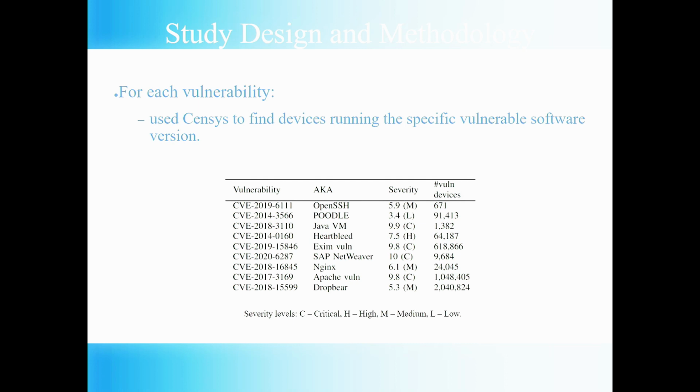Now, for each vulnerability, we used Censys to try and find vulnerable devices. So we simply searched on Censys for a specific software version that we know is vulnerable. And again, the table here shows the number of devices that we found on Censys having these vulnerabilities.